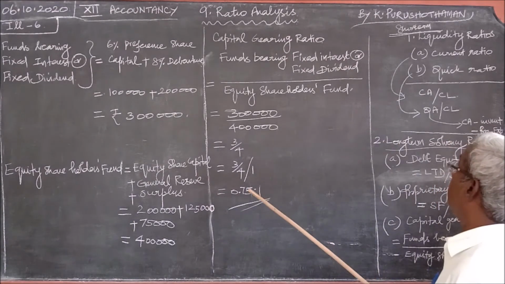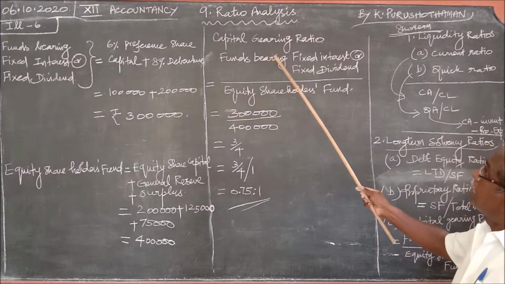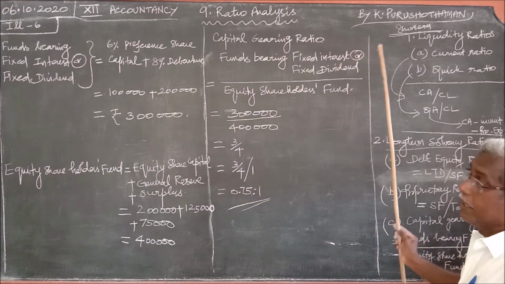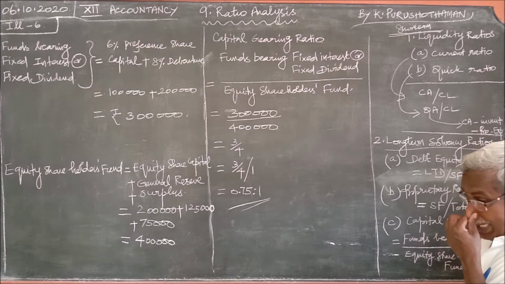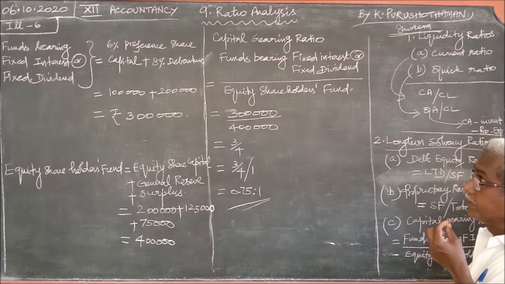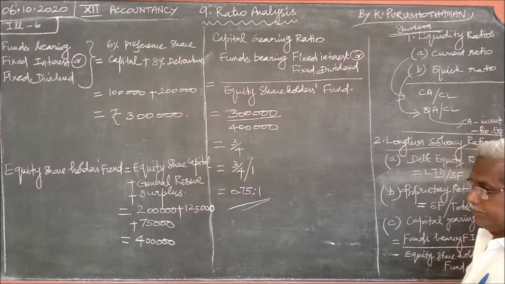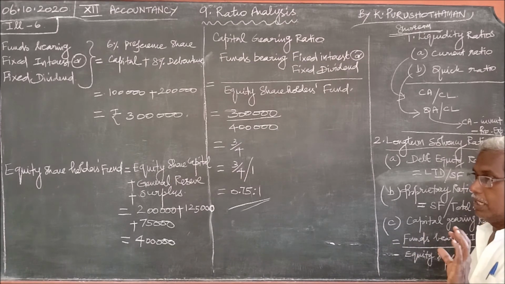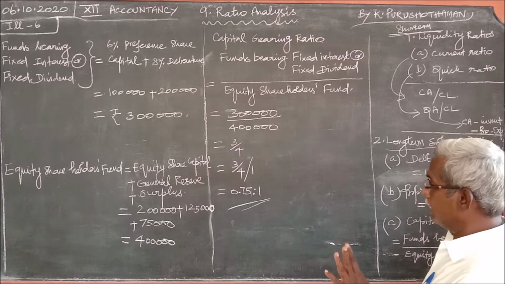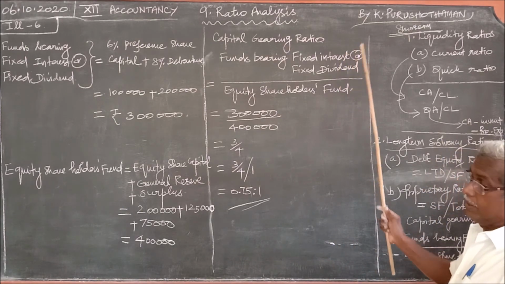What do you mean by funds bearing fixed interest and fixed dividend? Fixed interest is given for borrowings. It may be a loan, it may be a debenture, and for these they promise to pay 6% interest, 8% interest, 10% interest. Therefore, it is fixed interest.